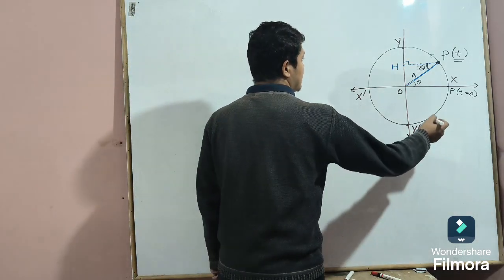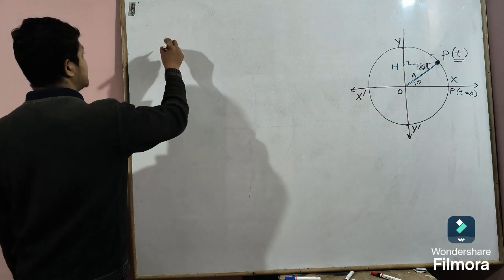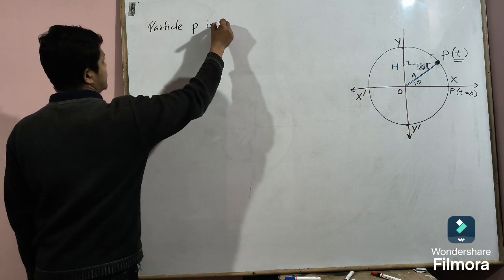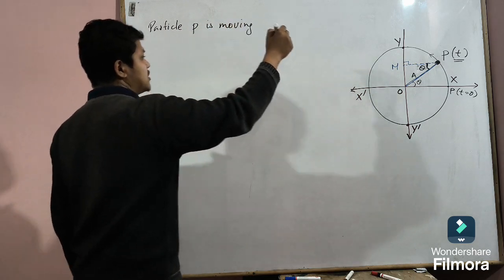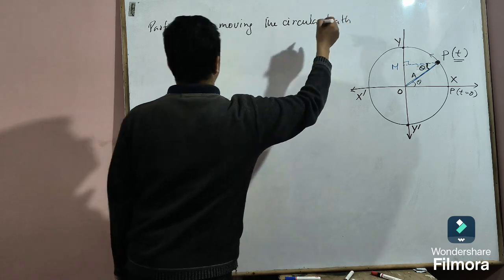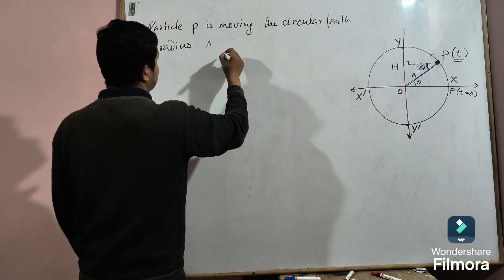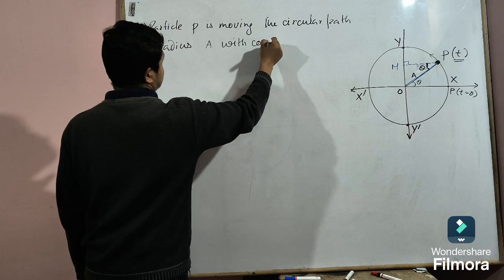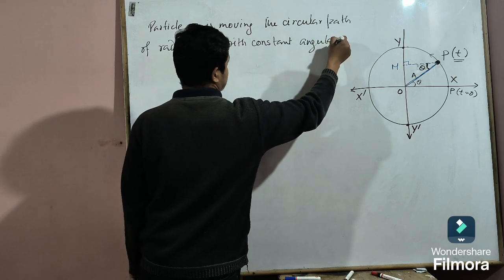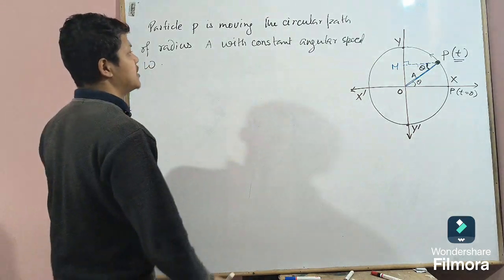Now you see, let me consider that particle P is moving in the circular path of radius A with constant angular speed omega, right?